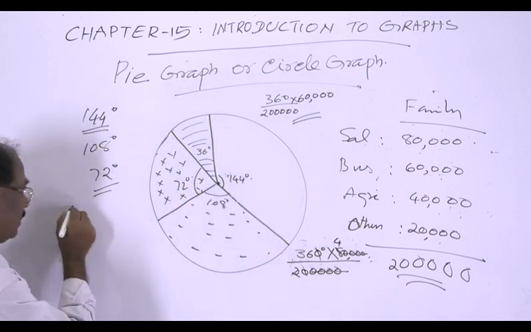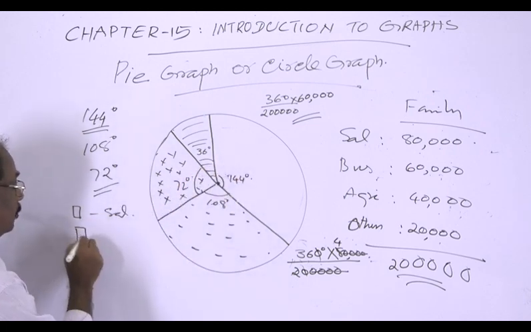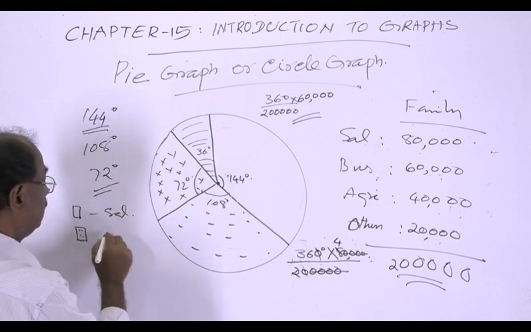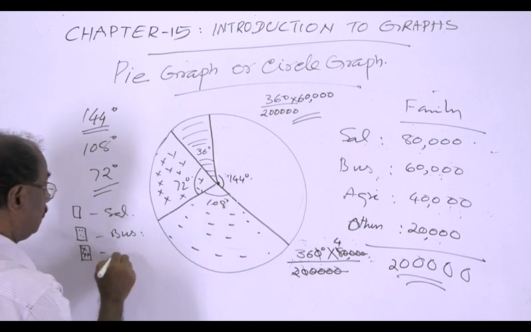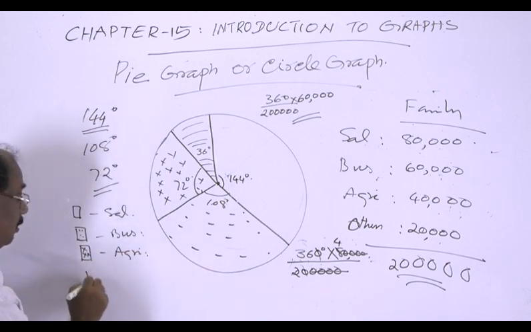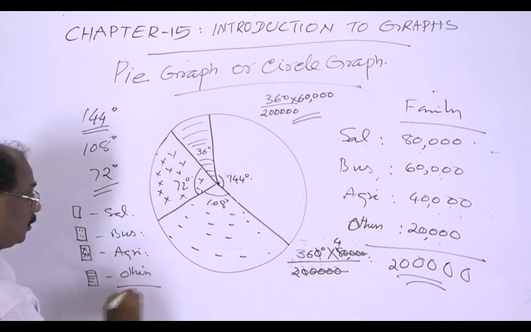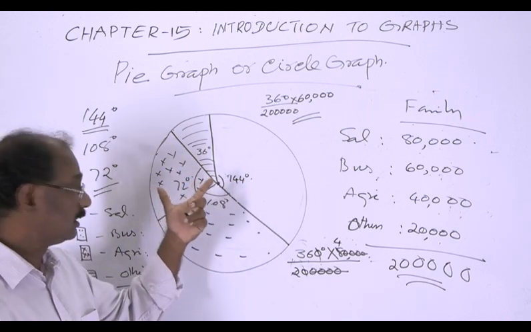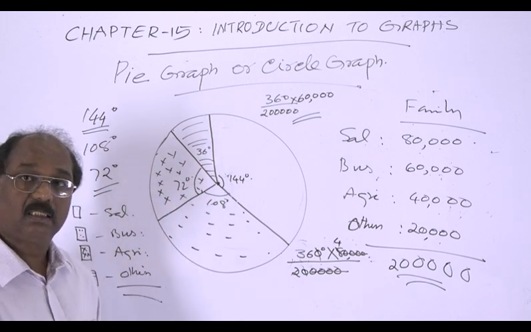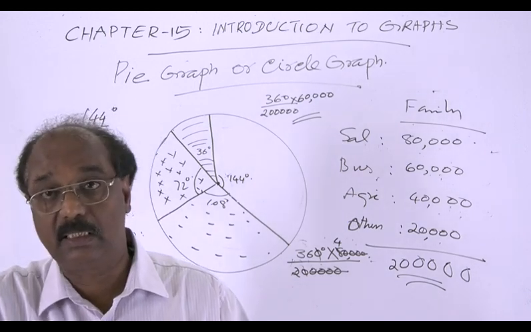Note this shading is for salaries, this dotted one for business, this cross marking for agriculture, and these lines for others. So the shaded, subdivided circle gives the required pie graph or circle graph. Okay.